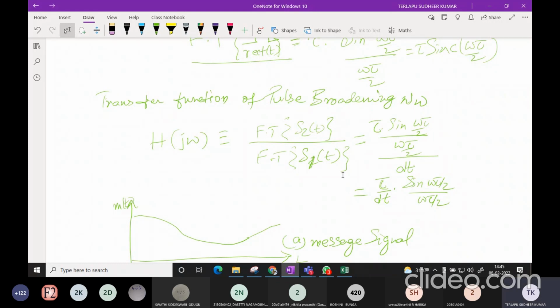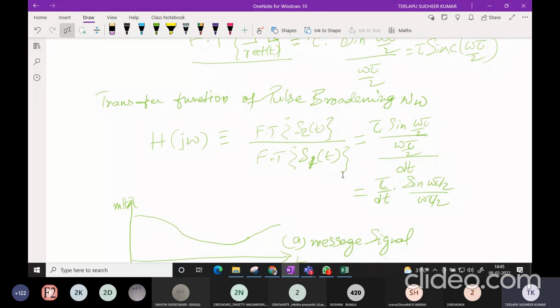The output is a rectangular pulse, and the Fourier transform of a rectangular pulse is a sinc function, tau times sin(omega tau by 2) by (omega tau by 2), divided by the Fourier transform of S1 of t. S1 of t is an impulse, and the Fourier transform of an ideal impulse would be 1. But here I have a finite pulse width dt, so the Fourier transform is the area under the curve.